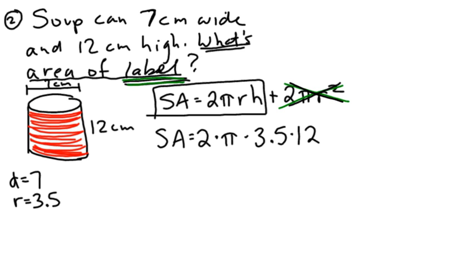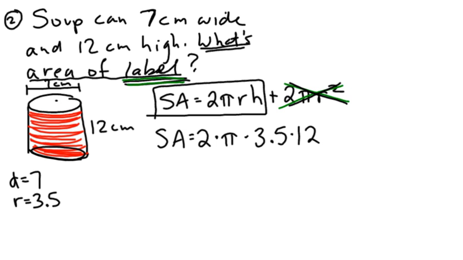No need for the top or bottom circle because those don't get labels on them. So when we calculate this, we just have to do the 2 times pi times rh calculation, which simplifies things, a little less parts to it.